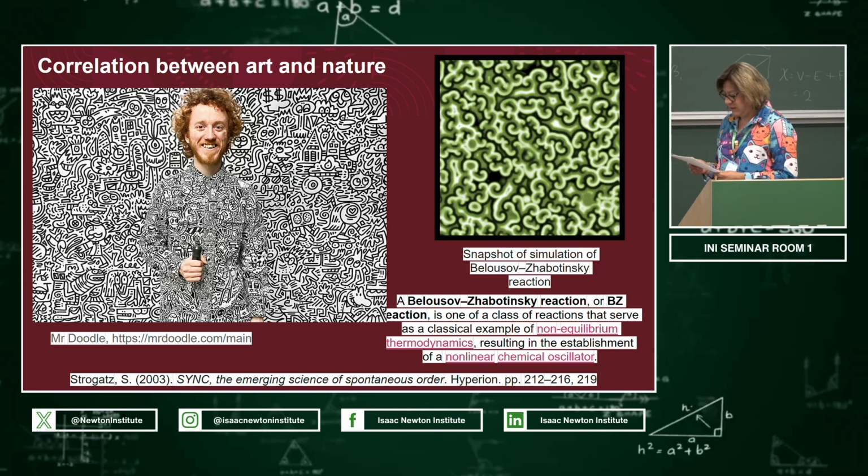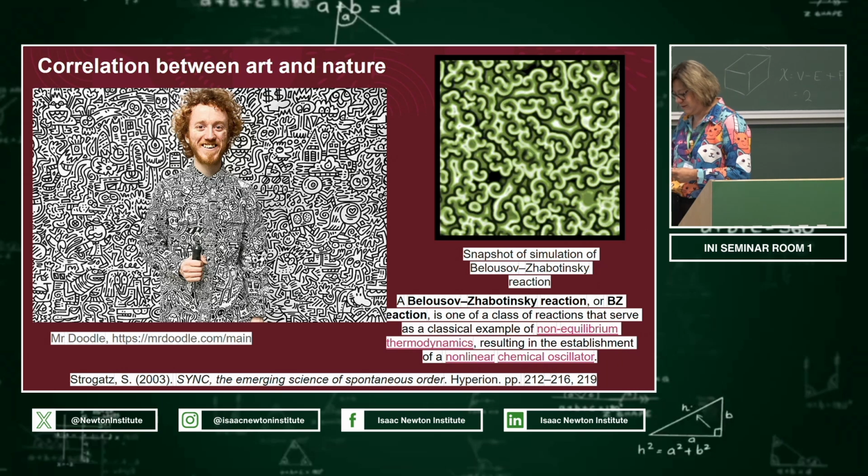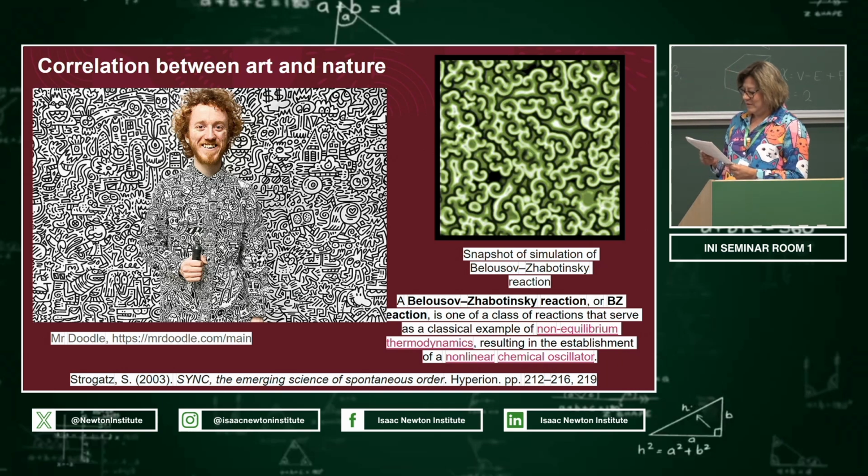However, when one becomes familiar with the work developed by the artist, Mr. Doodle, one can evidently and quite optimistically find a certain resemblance in terms of the structural distribution of the strokes, thinking that the boundaries of the reaction could be considered strokes in some direct comparison.